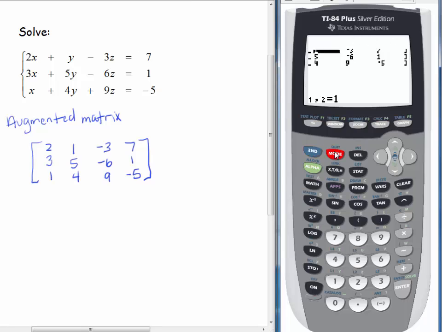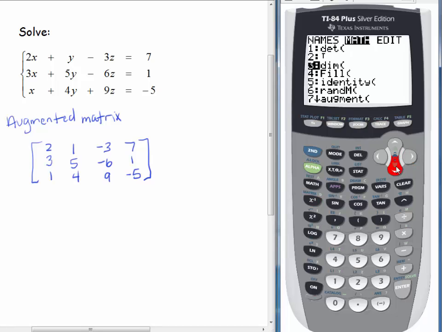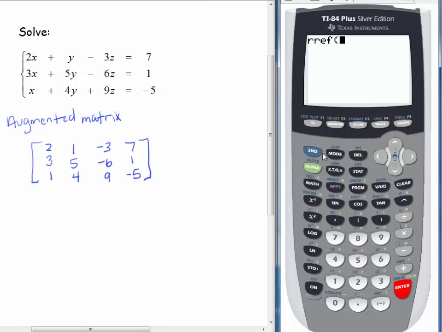We're going to quit out of here, and then I'm going to go back to that matrix menu, go to Math, go down here to RREF, press enter, and I had that in matrix A, so remember I pressed second X inverse to get to my matrix menu, and I have it in matrix A this time, and this is what I get.